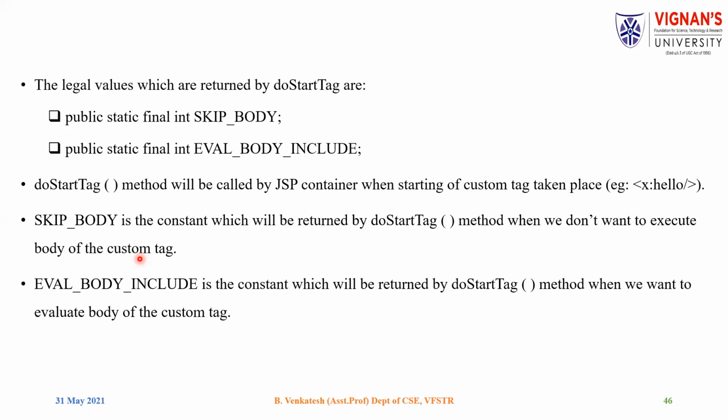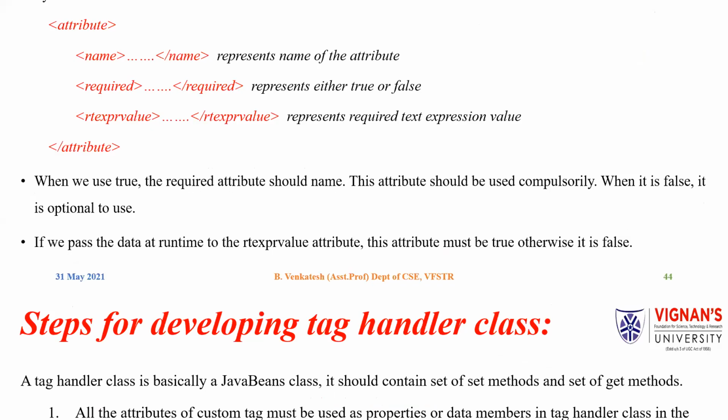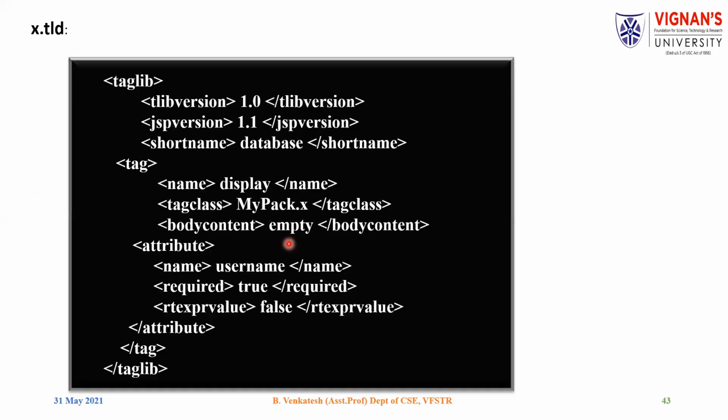SKIP_BODY is the constant which will be returned by the doStartTag method when we don't want to execute the body of the custom tag. If you observe here, the body content is empty.